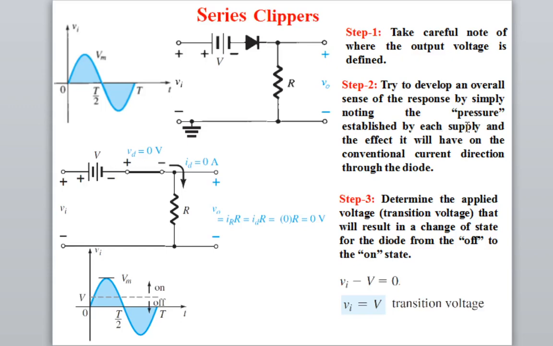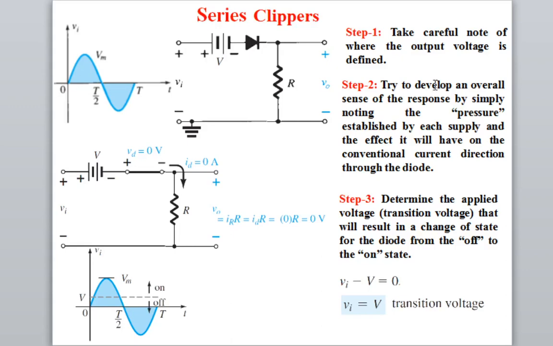However many power sources are given in the circuit, you have to make sense of whether these power supplies are putting your diode in forward bias or reverse bias. If a supply is giving reverse bias, then how much voltage do you require to overcome this power supply?